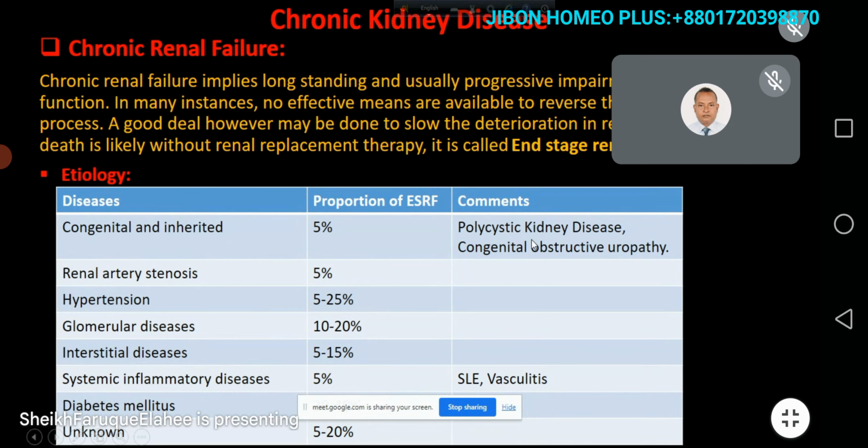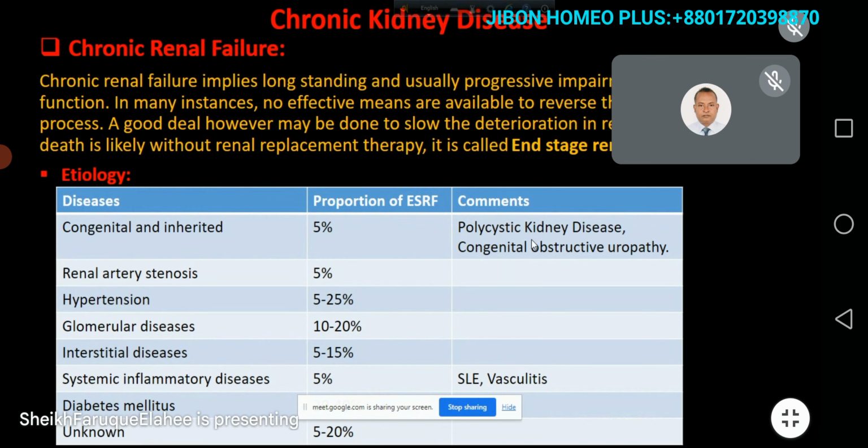Polycystic kidney disease. I think many of you might know it. A person may have, from birth, kidneys with many cysts, like polycystic ovary in the female patient, which we call PCOS, polycystic ovary syndrome. Here in the kidney, there are so many cysts.